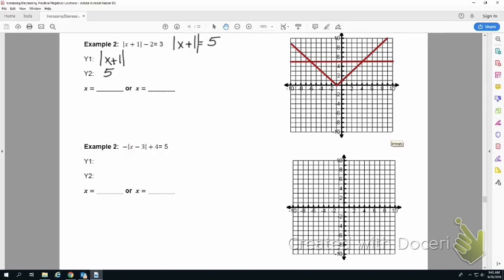Once I have that graphed, Gavin, what are my two solutions on this one? Negative 6 and... not 3. 4.